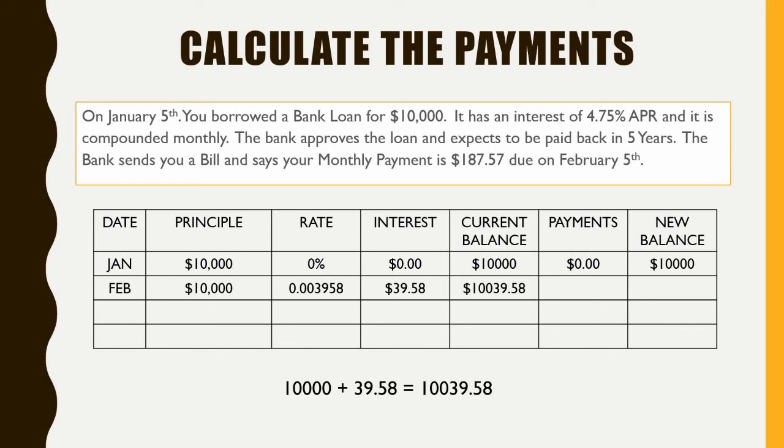Now again, as we mentioned before, when you make a payment to any bank loan, your first priority is paying off the interest. And that is why no matter how many times you pay, your principal never seems to go down, because you're paying off the interest first. So here's what I owe now: $10,039.58. Then I'm going to make my payment.